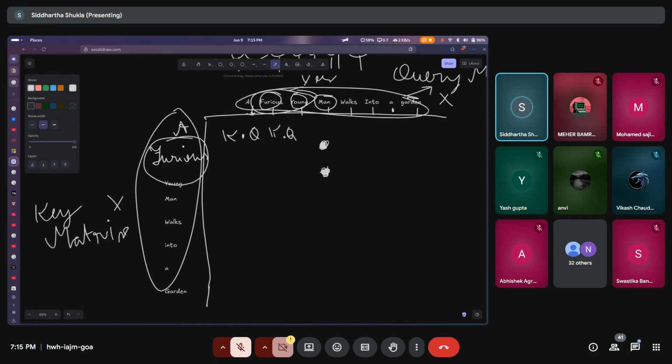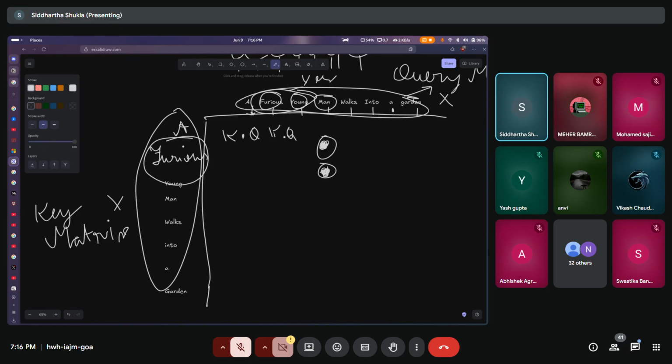In the case of Furious and Young, the value of this product of key and query matrix turns out to be higher than for other tokens that affect man, since they directly describe man.